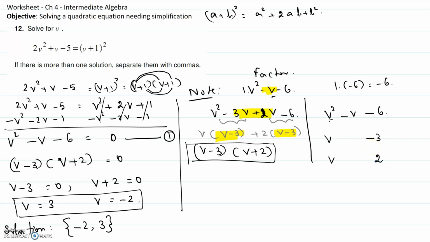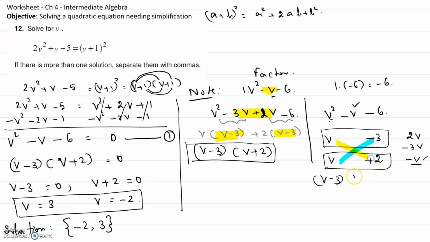Then we cross multiply these, so it will be 2v minus 3v, which is negative v. We make sure that the middle one agrees with that. Now you box it, which is (v minus 3), (v plus 2).